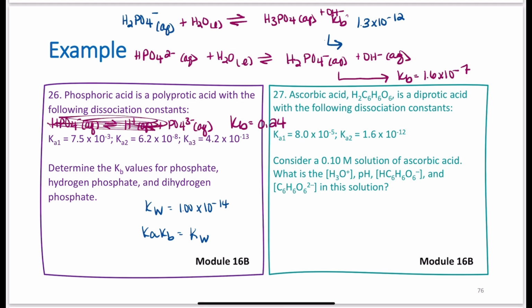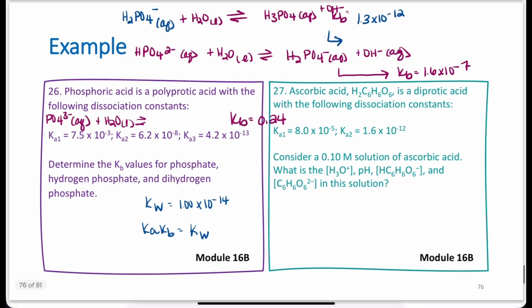This one down here is saying I'm putting phosphate in water, and I am forming hydrogen phosphate and hydroxide. So not only is Kb the opposite process, it's thinking about the opposite reaction. It's thinking about that conjugate base now, because it's Kb, reacting with water to pull off a proton and form hydroxide.